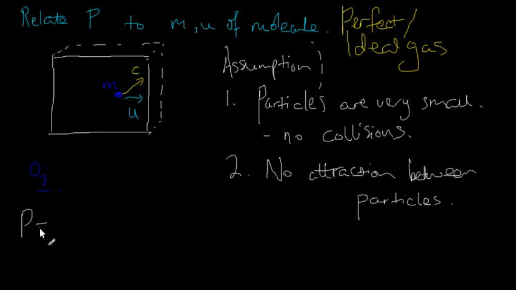Pressure is equal to the force divided by area. In this case, this is the area that we're talking about, on this wall, and force, in the definition for pressure, refers to the force perpendicular to this wall, which is why we should consider this component of the velocity that's perpendicular to this side.